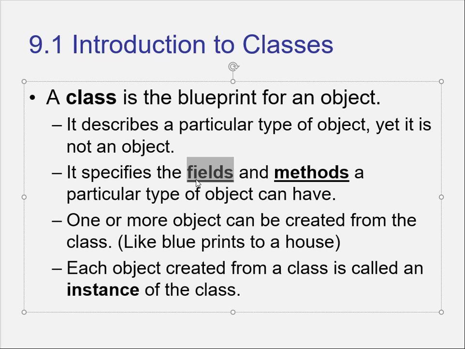So fields, methods, and properties are all members of a class. Now the class is not an object itself, it's whereby we can create an object, or create an instance of an object. So each object created from a class is called an instance of an object.